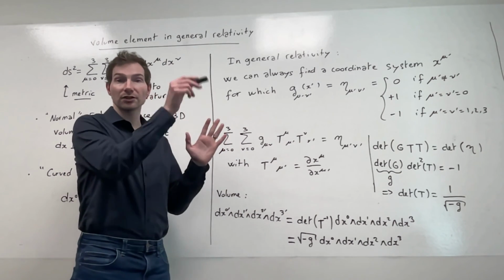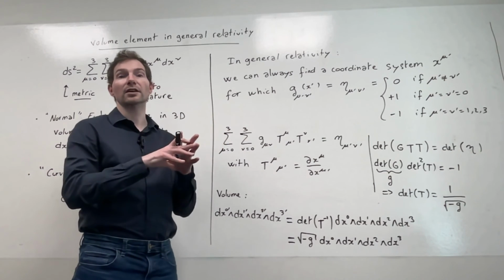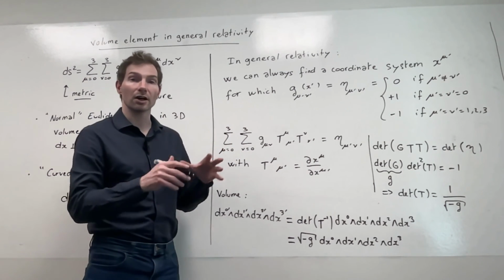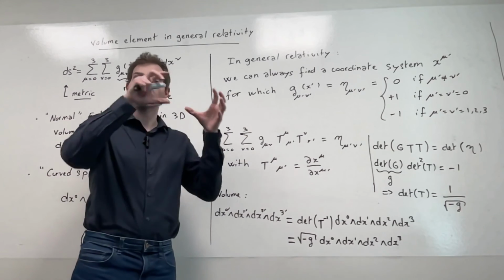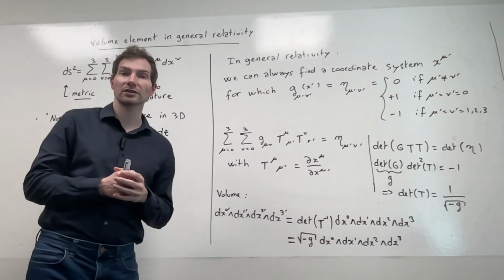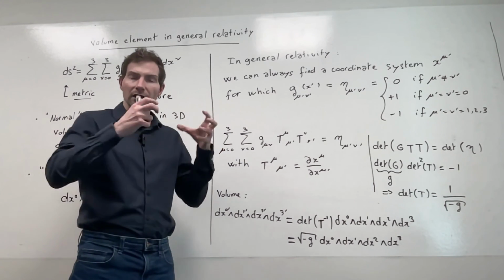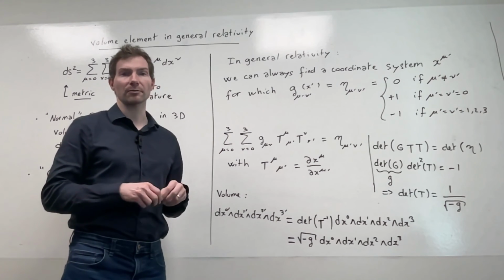Now, on top of this, you would have to add the so-called Ricci scalar, which is going to correspond to the local curvature aspect of the system.